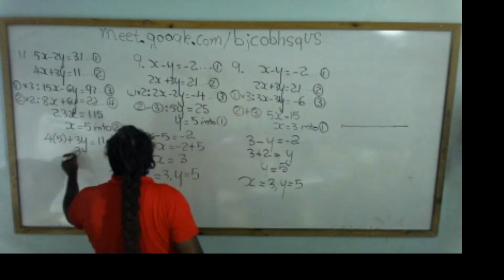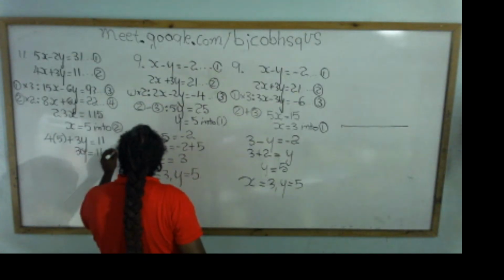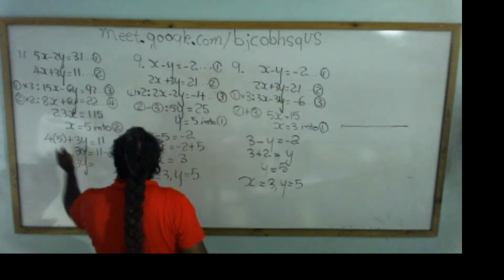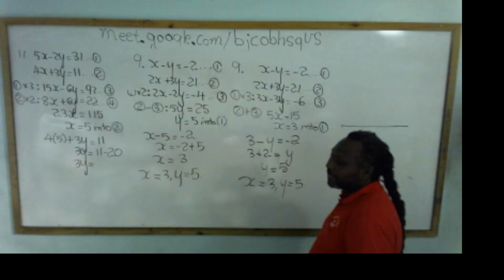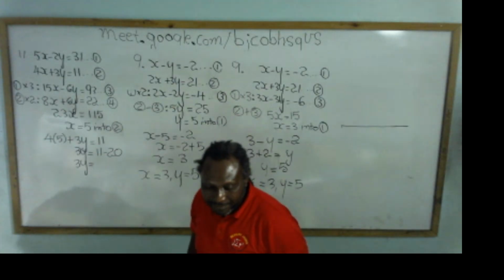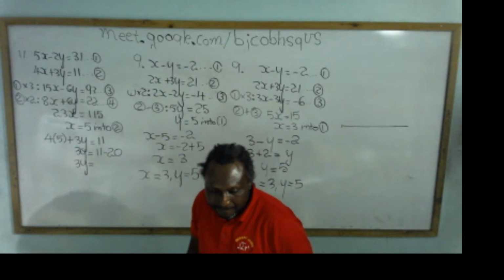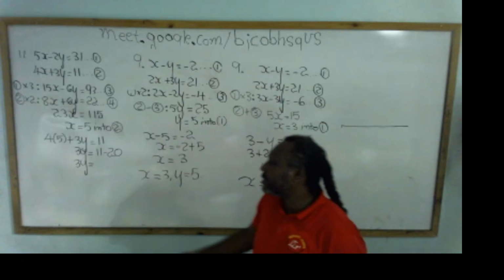So 3y is equal to 11 minus 20. Of course, 4 times 5 is 20, and we're eliminating that. We don't have to make too much of it because we have solved so many linear equations recently.